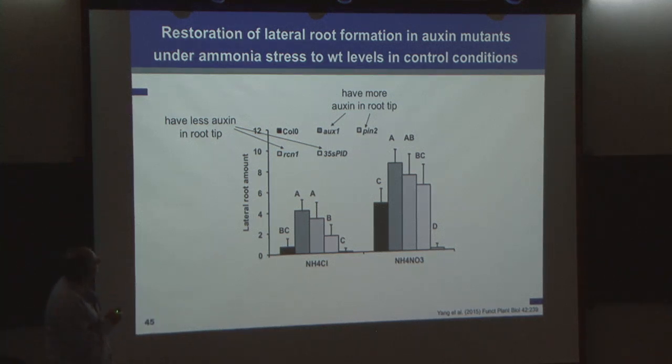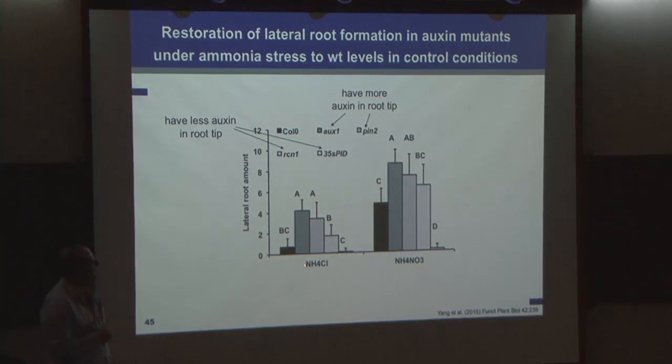In mutants that have genetically more auxin, while with ammonium we have less auxin, we could balance it, maybe, as in wild type, and come back to the lateral root number as in ammonium nitrate conditions. And exactly this is found for these mutants that have more auxin in the root tip genetically.